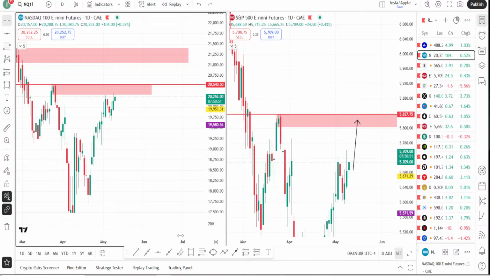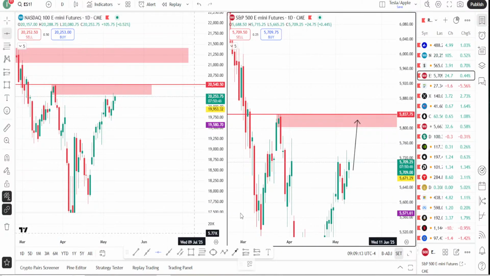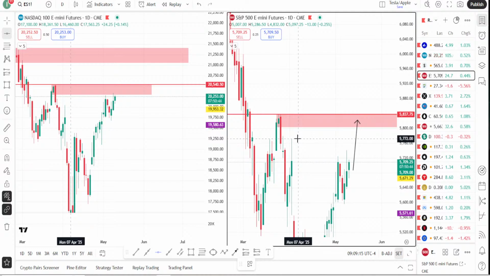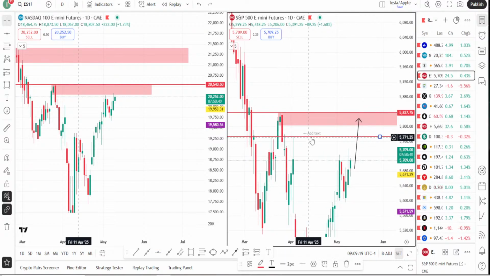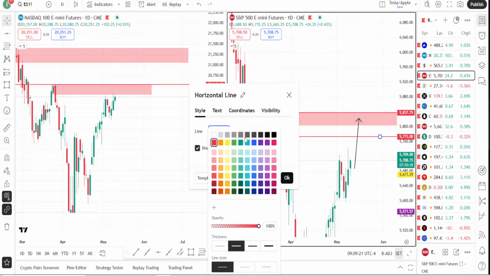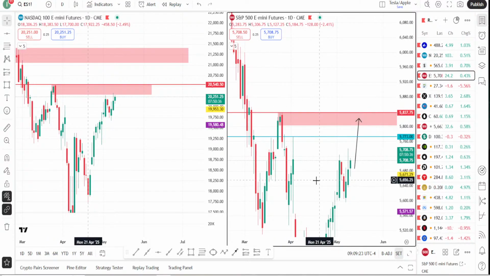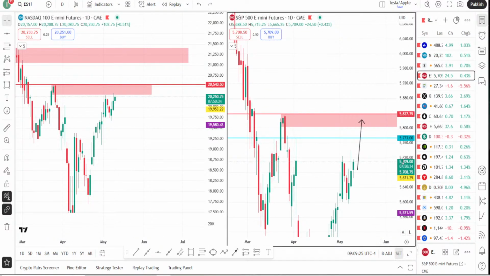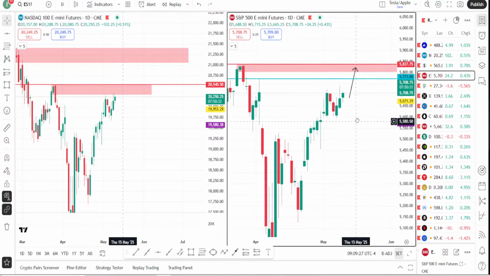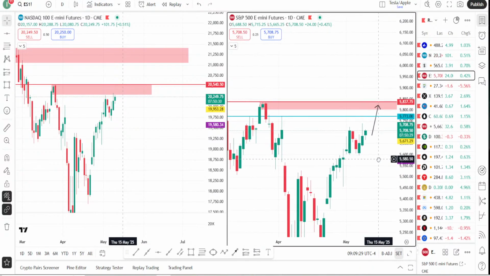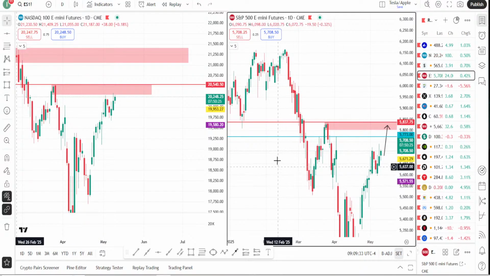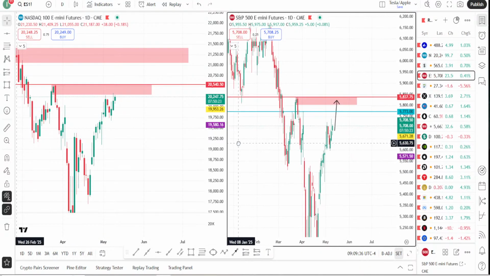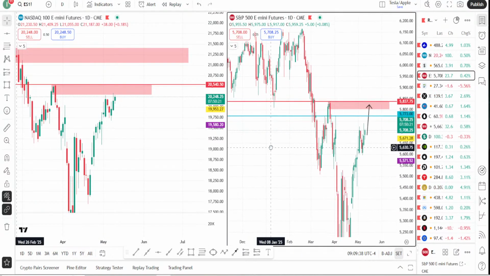And for the ES, I want to mark up this area of liquidity right here. That takes care of everything I really want to pay attention to for today.